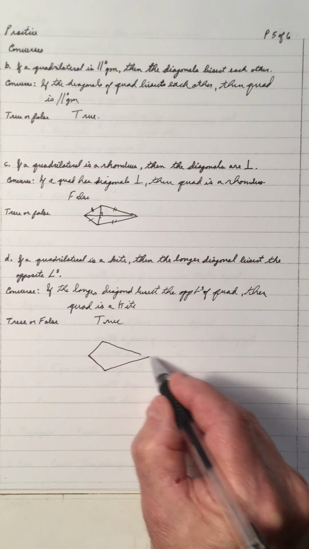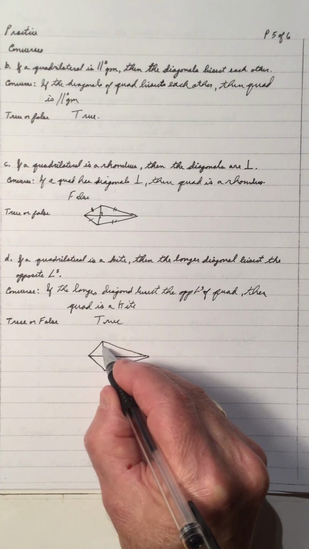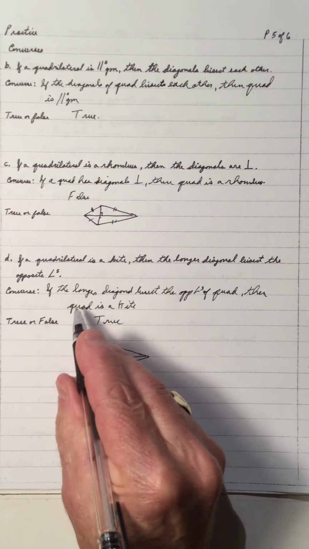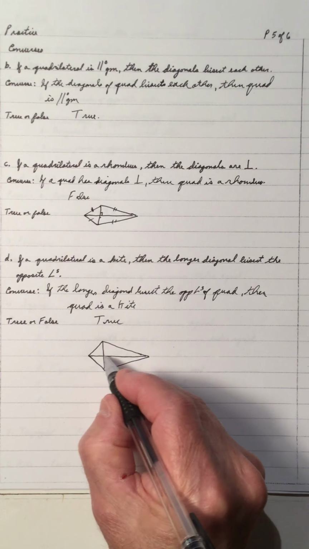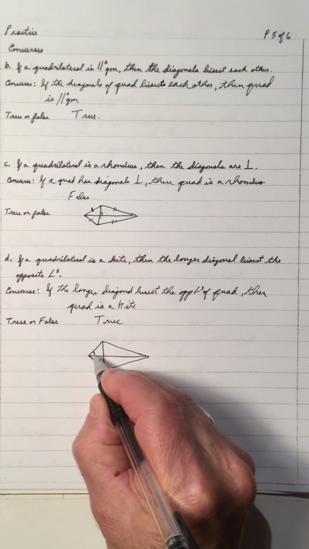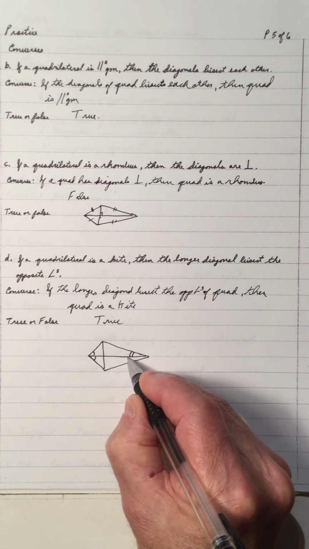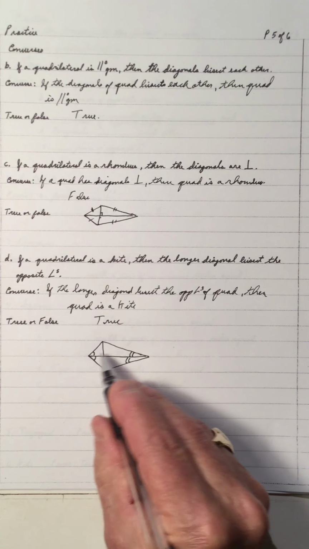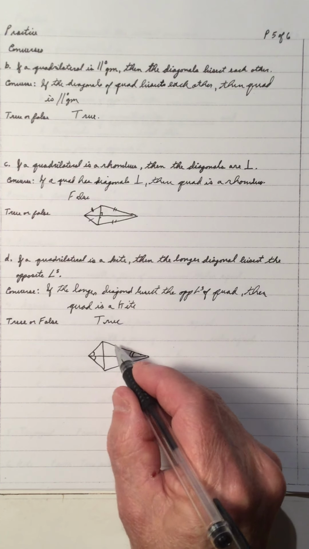So we got a longer diagonal, which is this one. We got a shorter diagonal, which is this one. So if the longer diagonal bisects the opposite angles, so the longer diagonal makes this angle equal to this one, and makes this angle equal to this one. Because it bisects, that makes these two triangles congruent.